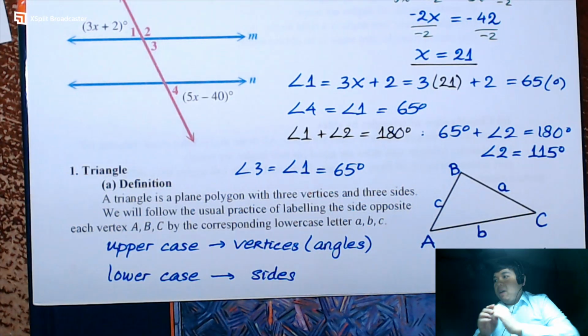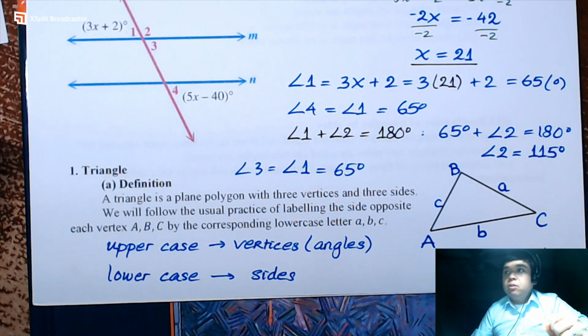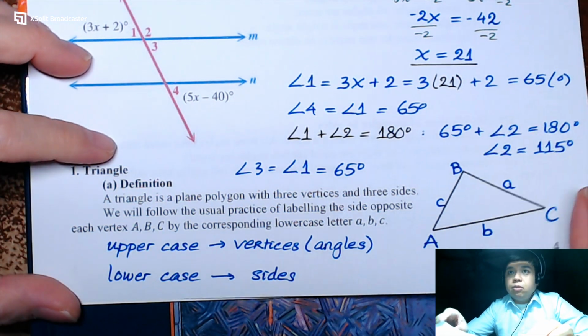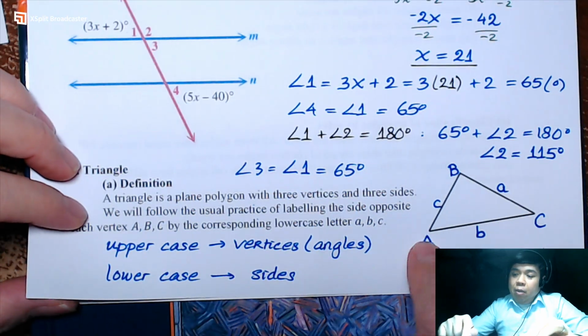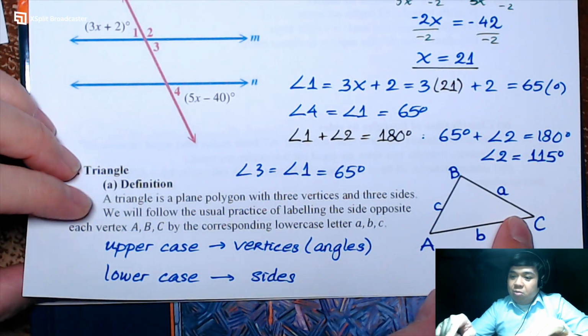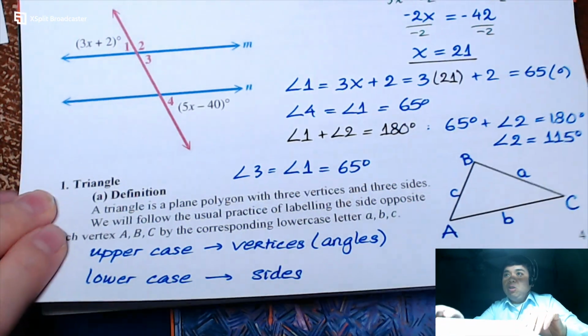Okay, so that's what we have for triangle. Big letters for the angles, for the vertices, lowercase for the sides, opposite to each other.